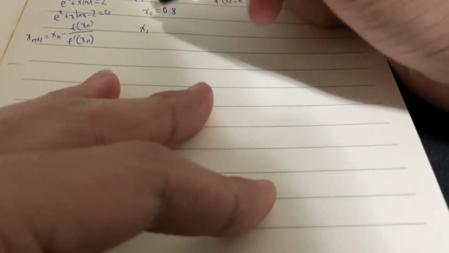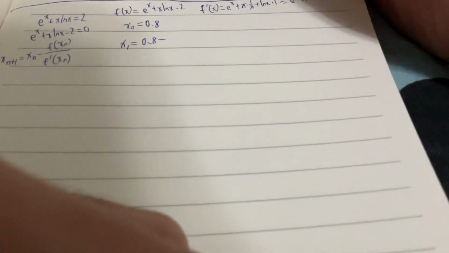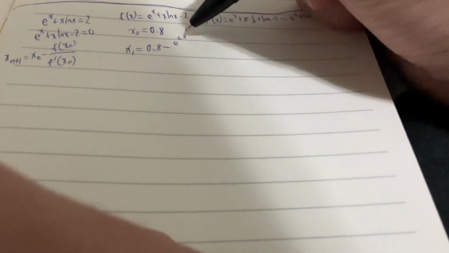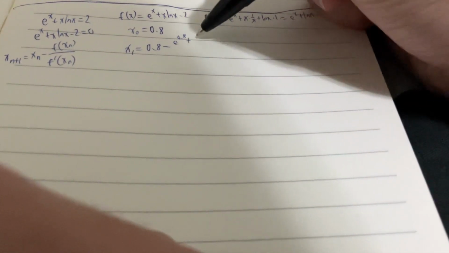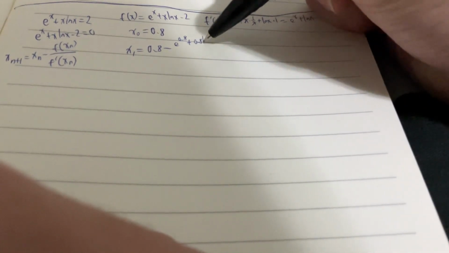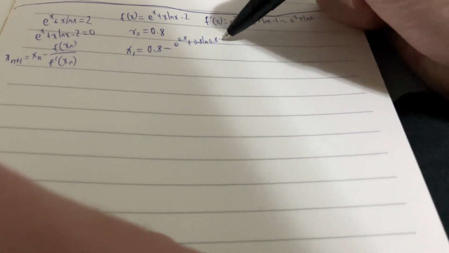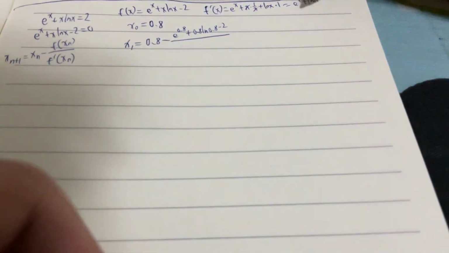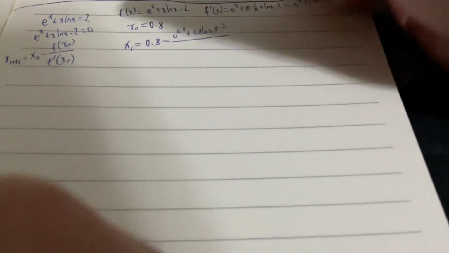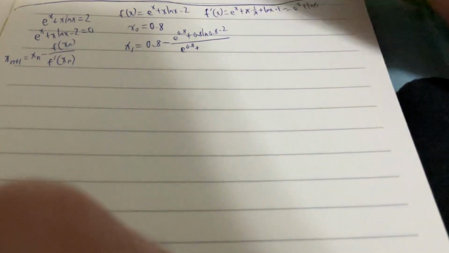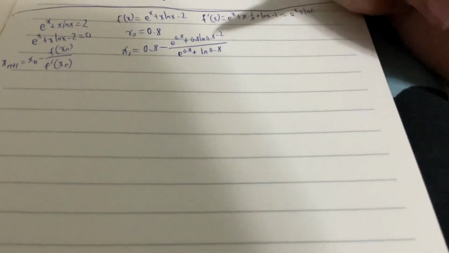And then our next number is x1. It's equal to the previous number, and then subtract. We're gonna put 0.8 inside f of x, right? Previous term. e power of 0.8 plus 0.8 ln 0.8 minus 2, divided by the derivative of this, e power of 0.8 plus ln 0.8. And let me use our calculator.